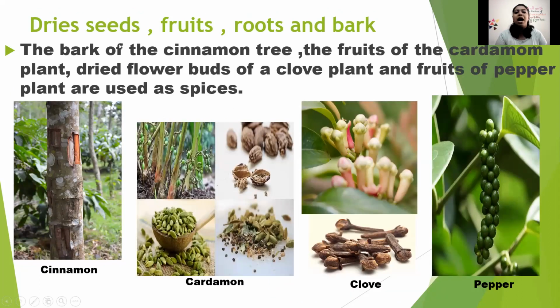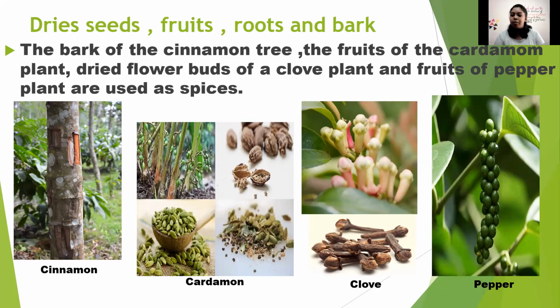The bark of the cinnamon tree. Can you see this picture here, children? This is the bark of a cinnamon tree. The fruits of cardamom. Can you see this is the fruit of the cardamom plant? Dried flower buds of the clove plant. When the clove plant dries up, it looks like this below. Yes, that's the dried flower buds of clove plants, and also fruits of pepper plants.